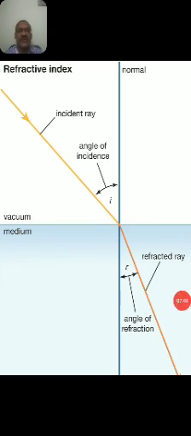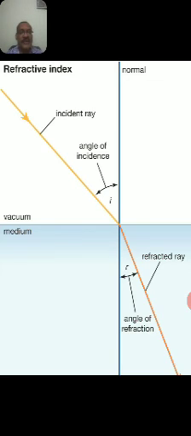This is also the refractive index property. If you observe the diagram, the white medium is one medium and the blue is another medium. Say, for example, the white medium is vacuum and the blue is another medium. Then in the diagram, the yellow line is the incident light ray, traveling from vacuum and falling at the point on the normal.